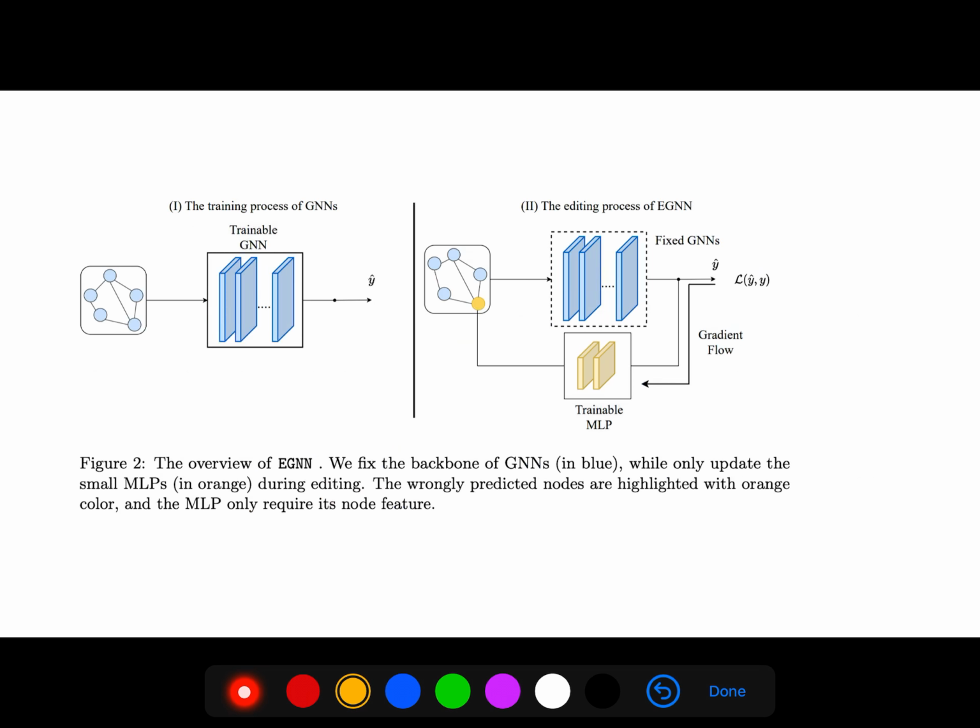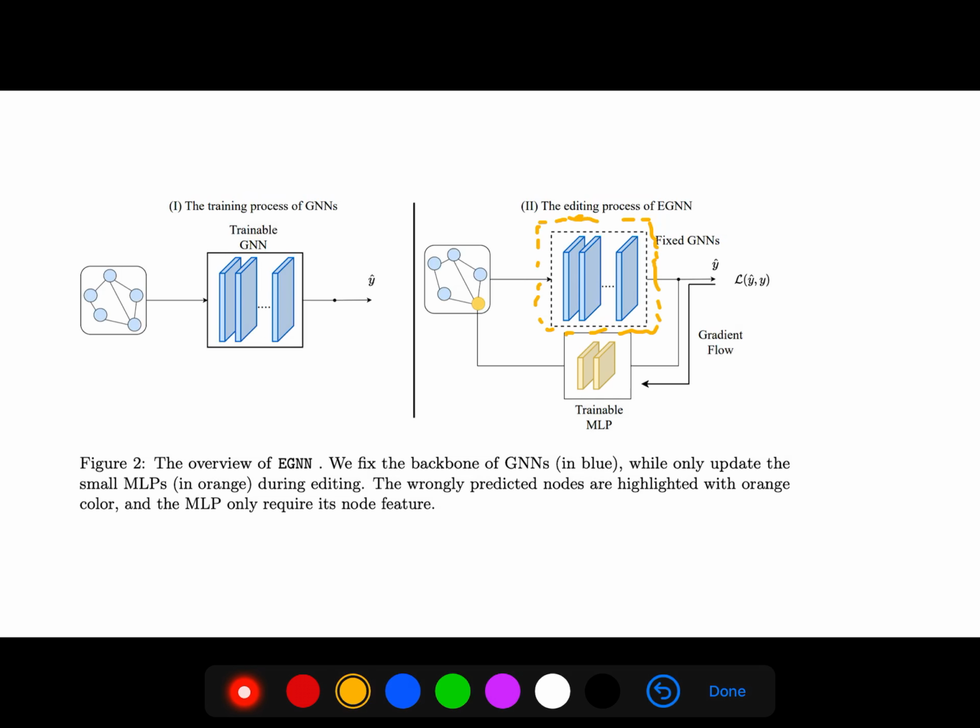So this is the architecture. You know that in the blue, we fix the backbone of GNNs, while only updating the small MLP in the orange during training. So the good thing, we don't touch this GNN. It is fixed, it is frozen.